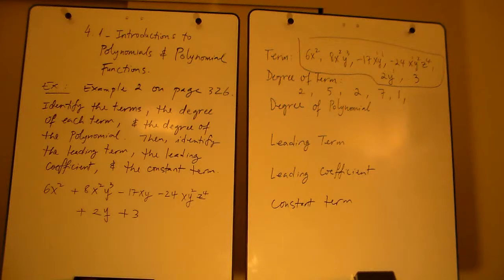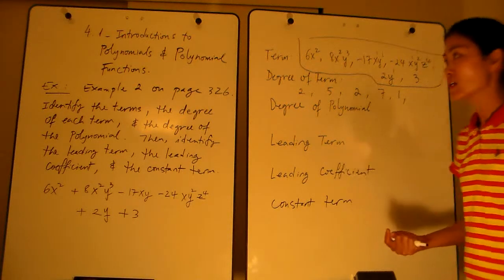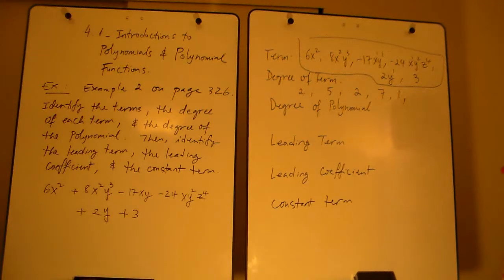How about the constant term 3? What is the exponent? You don't see it, but that doesn't mean it doesn't have one. Do you agree that 3 equals 3 times x raised to 0, or y raised to 0, it doesn't matter? x raised to 0 is 1, and 3 times 1 is 3, which is a true statement.